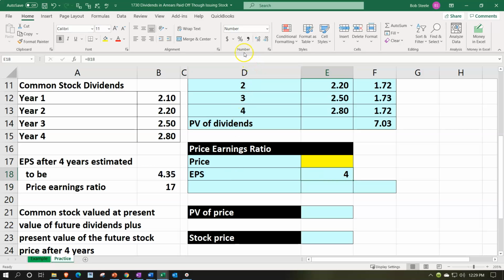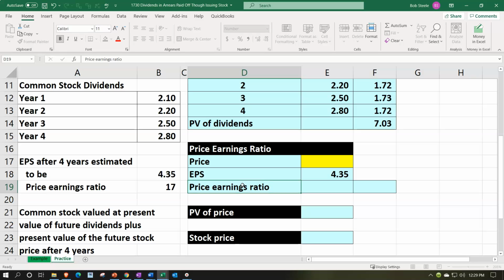Let's add some decimals, number group, add a couple decimals there, and then we have the price earnings ratio. And so it would normally be, this divided by this, but we know the end number, which is 17. And therefore, if the yellow number divided by this equals 17, I should be able to multiply it out to back into the price, just doing the algebra here. So we're going to say the 4.35 times the 17.